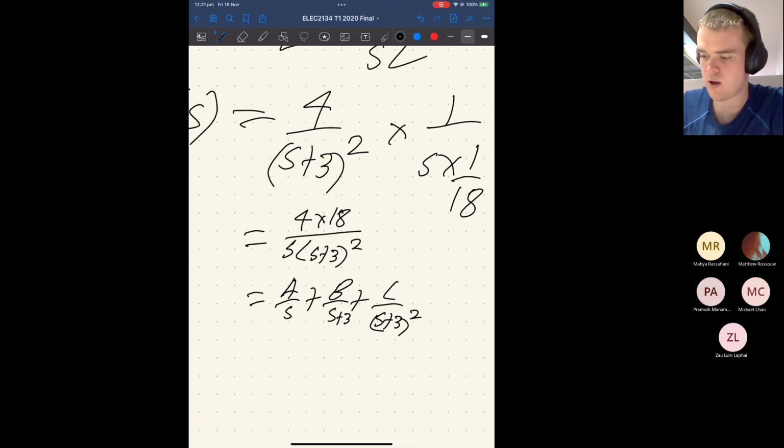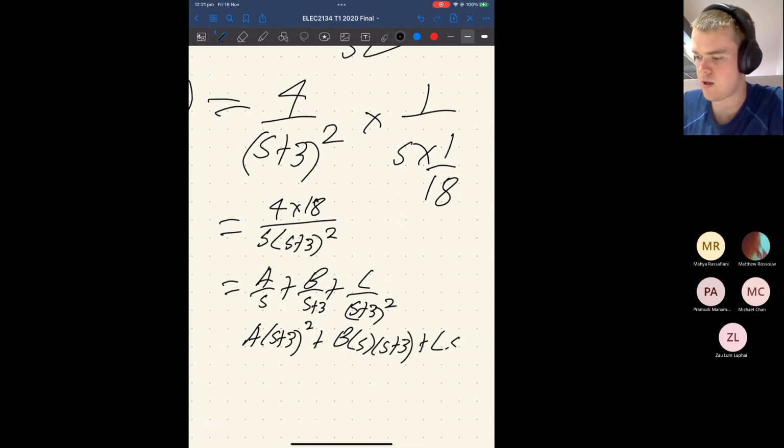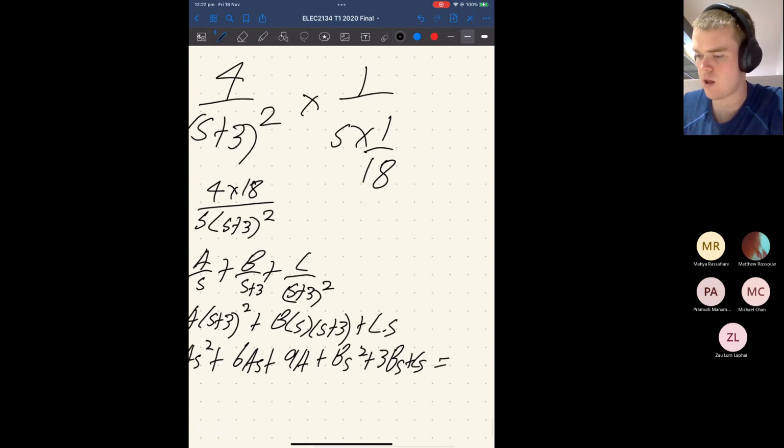And then we're going to have A of S plus 3 squared plus B of S plus 3 plus C of S. Now we know that we have A of S squared plus, not 2, should be 6AS plus 9A plus BS squared plus 3BS plus CS. And that is all going to equal 4 times 18, which is 72.